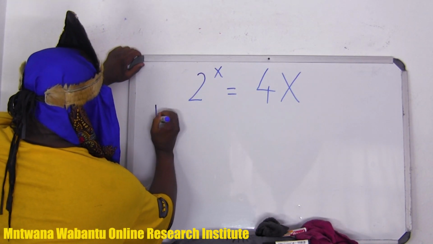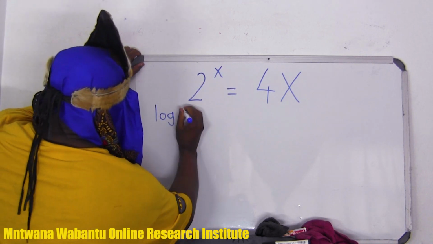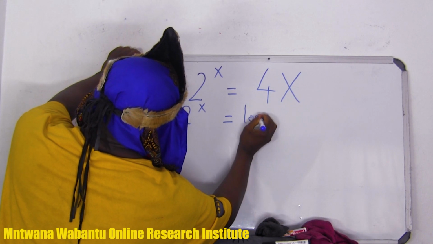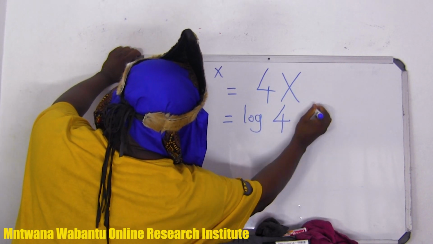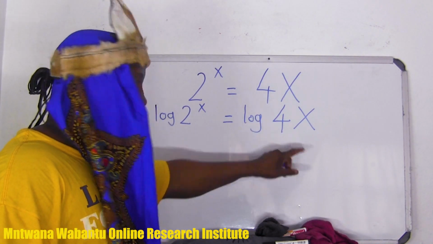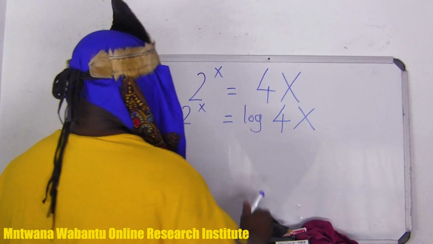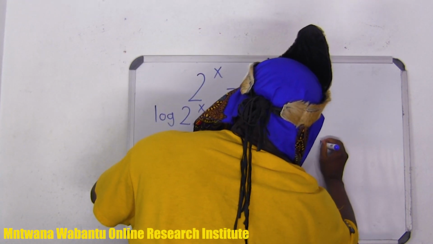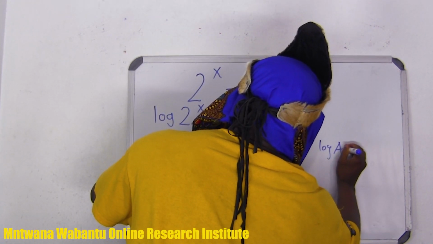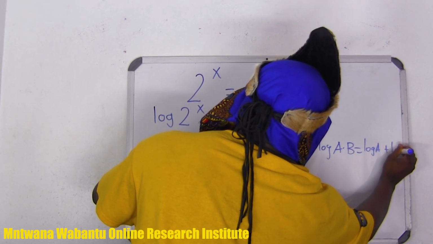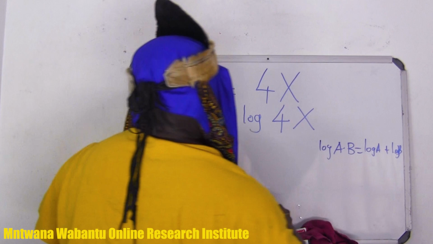So if I apply logarithm here, it's going to be log. You remember you have 2 power x equal to log 4x. But a log 4x means I can separate from the law of logarithm. We know I can say log 4 plus log x, because according to the law of logarithm, log A times B equal to log A plus log B. You can simply separate this.